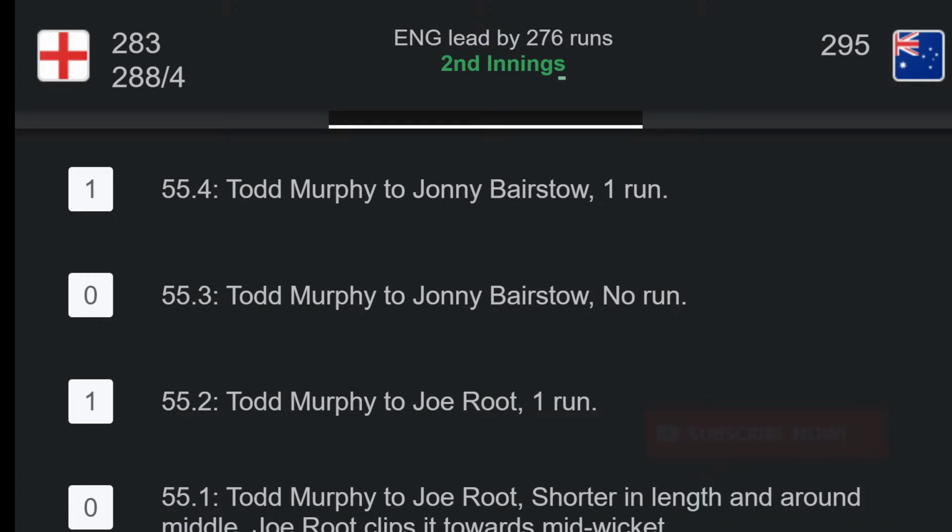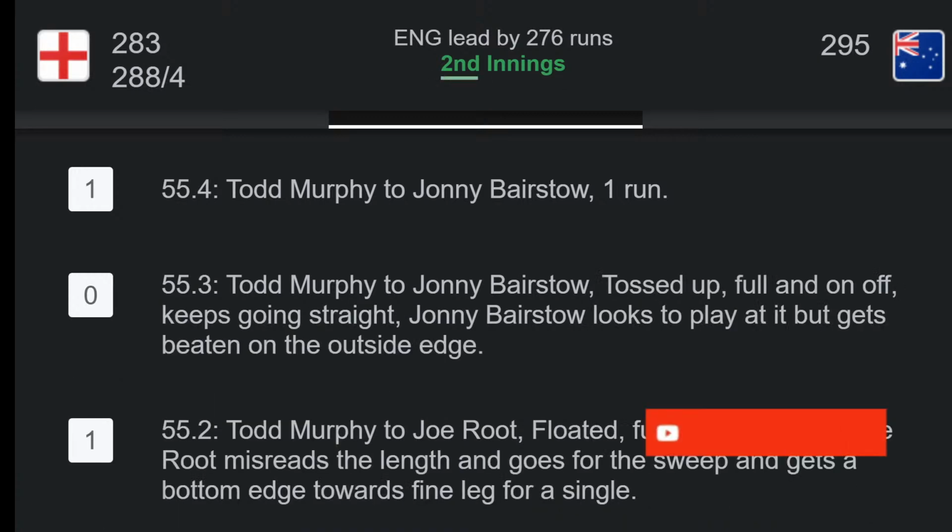Australia 295. Todd Murphy to Johnny Bairstow, no run. In the fourth ball, 1 run has been taken. 55.4 overs completed, 288 for the loss of 4 wickets.